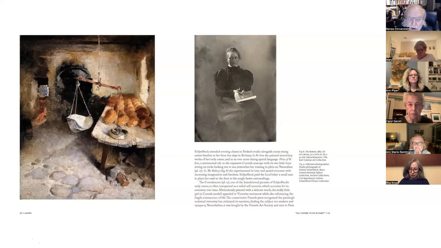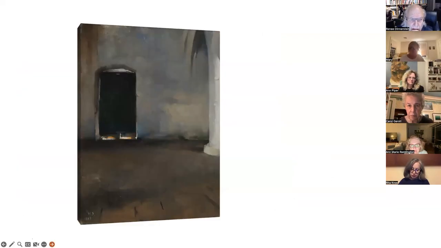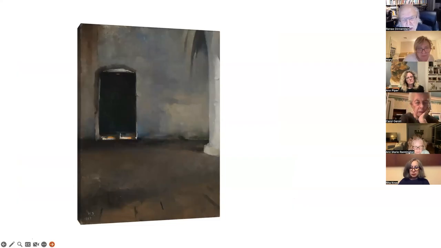I have some other photographs of her as well. This is a smallish painting. I'm going to guess maybe 15, 18 inches high.